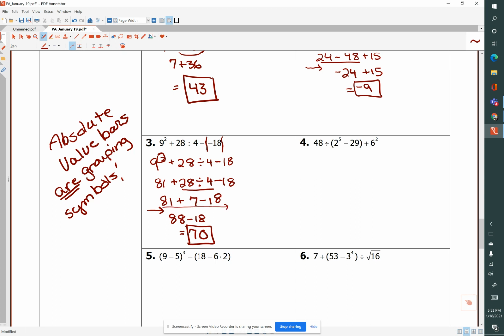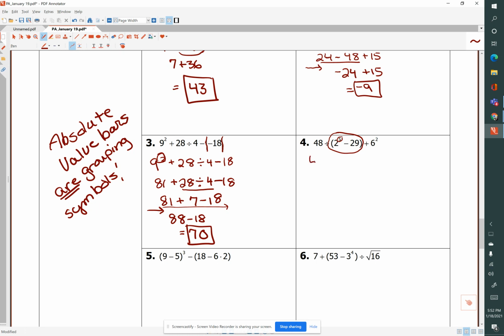So number 4, we have 48 divided by 2 to the 5th power minus 2, all in parentheses, plus 6 to the 2nd power. We need to work inside the parenthesis first. That's a grouping symbol. And within that parenthesis, we will start with 2 to the 5th power.